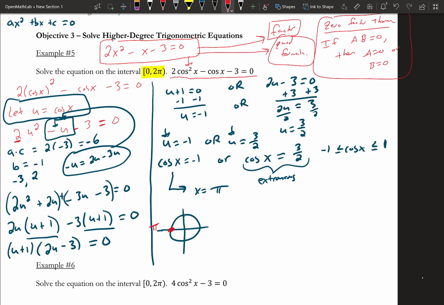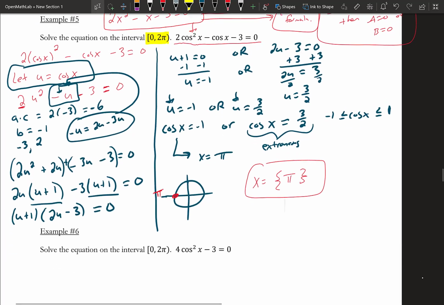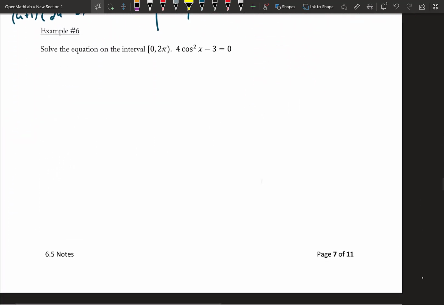So then the solution set would just be x equals pi. That's the only solution for this one.